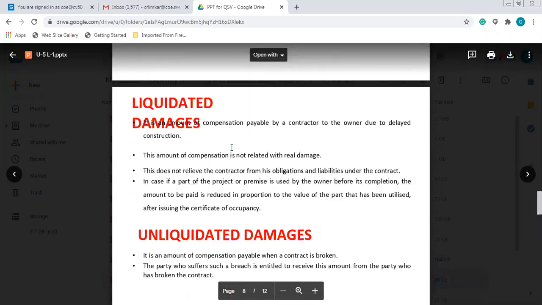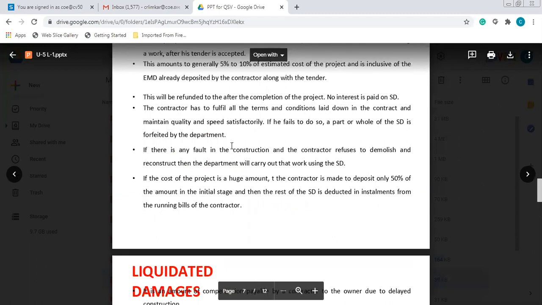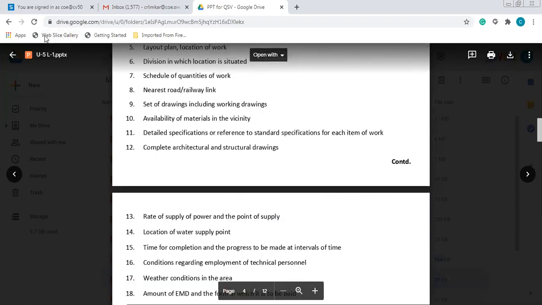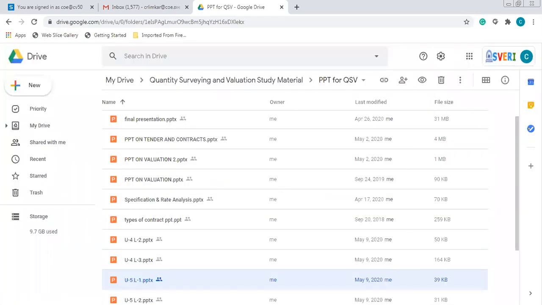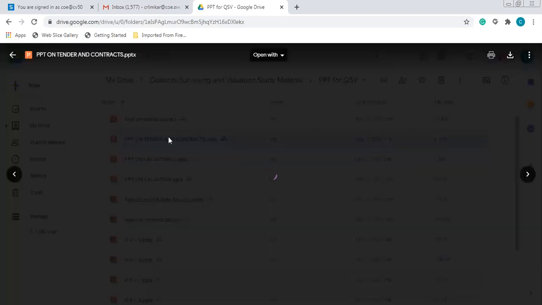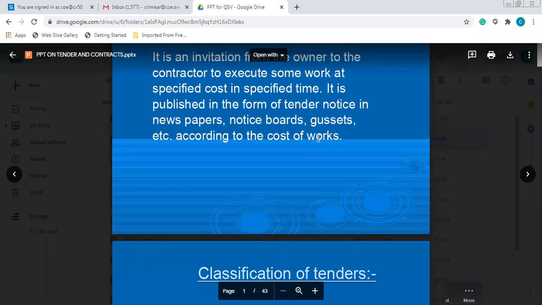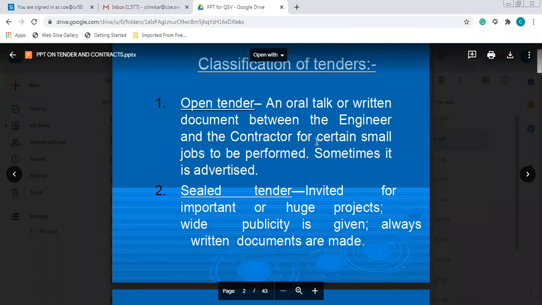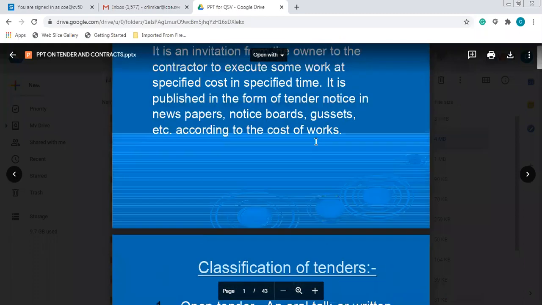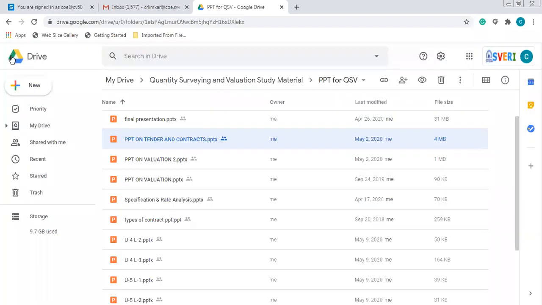So with which point can we proceed? Either we can start directly with the tenders, or we can go for the tenders and the contracts details. First, we will go with the tenders. Then we will come to the contracts one by one.